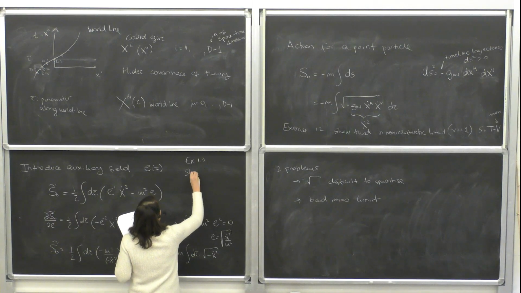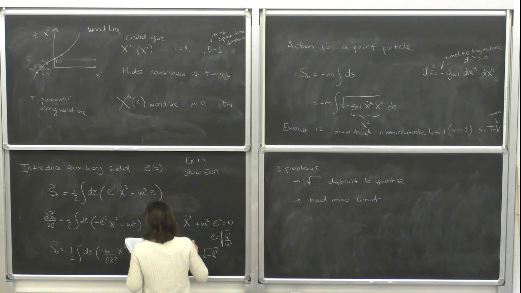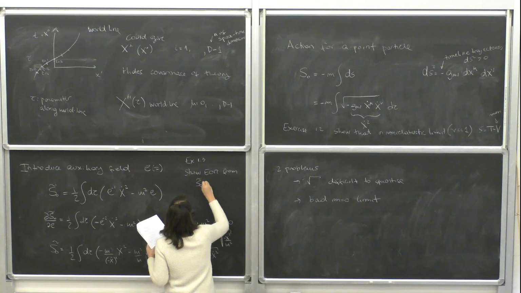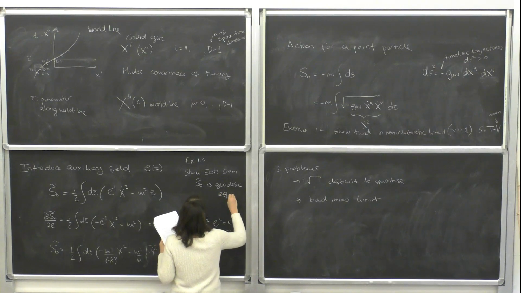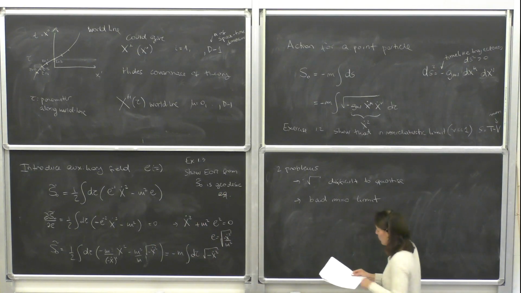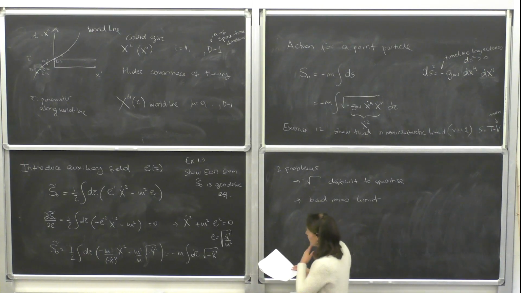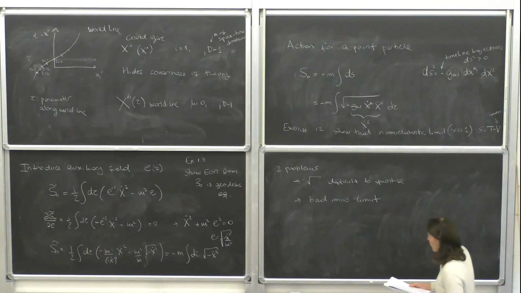It is to show that the equation of motion from S0 tilde is a geodesic equation: x double dot mu plus gamma mu rho nu x dot rho x dot nu equals 0, the geodesic equation that you are used to.